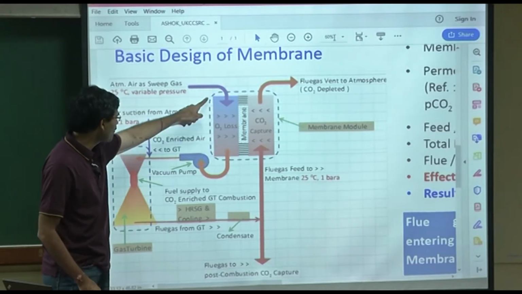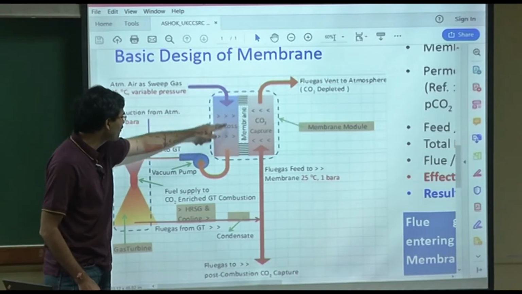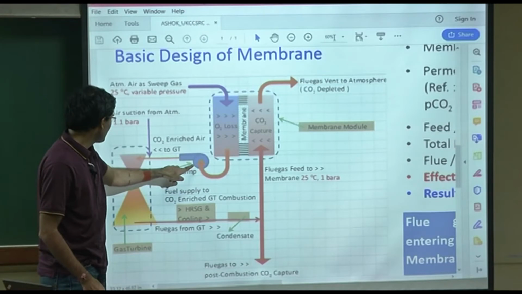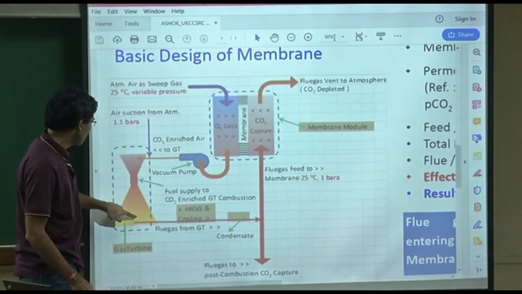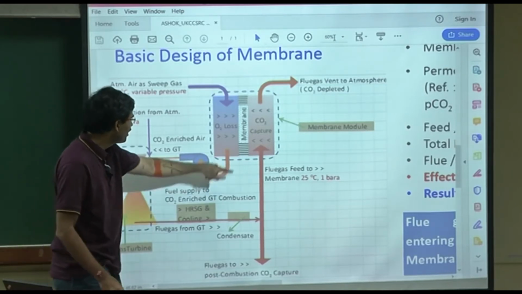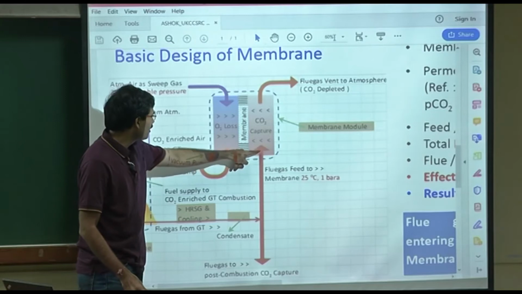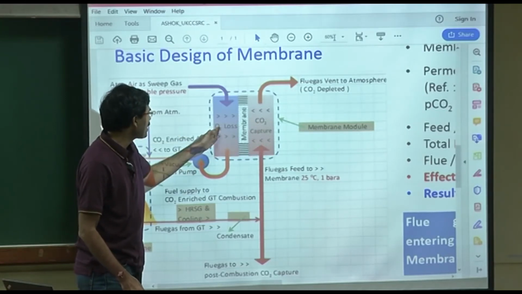Atmospheric air passes through the permeate side, acting as the sweep gas, and thereafter it is sent to the gas turbine, and whatever flue gas is produced is taken to the other side of the membrane, and carbon dioxide is allowed to pass through.